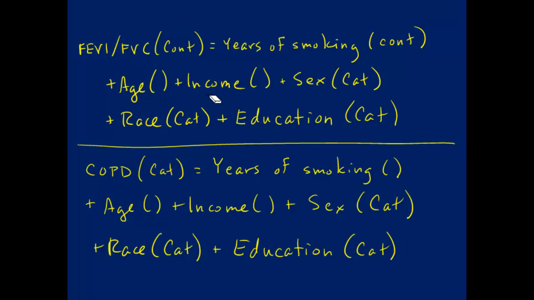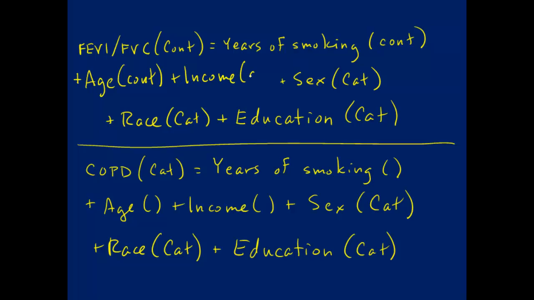And for age and income, let me just make some more space here. For age, I decided to use continuous, and for income, I used categorical. And the same was true for the other model.